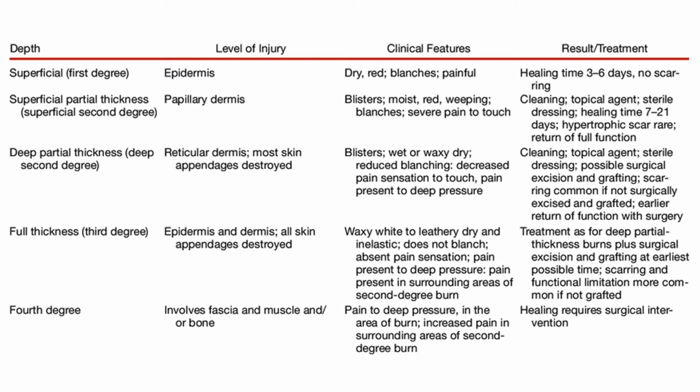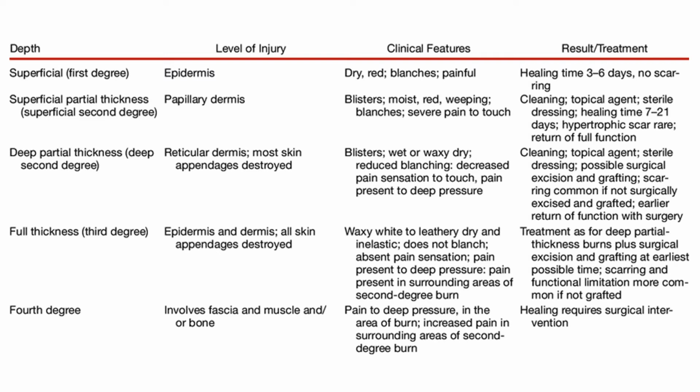Going along with that is a second system. Superficial is a first degree burn. Superficial partial thickness is known as a superficial second degree burn. You can always remember that because superficial is in both words, so both types of systems.